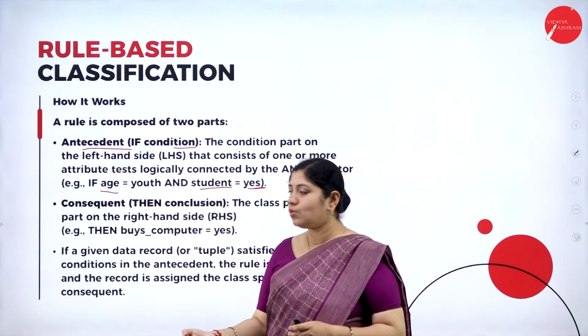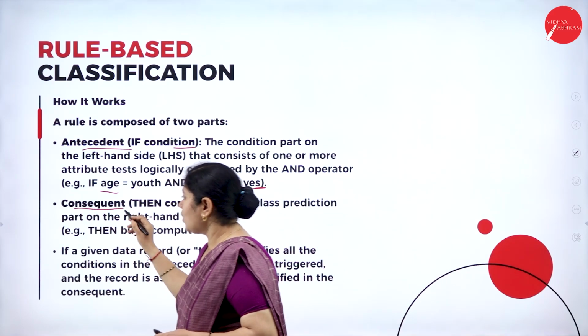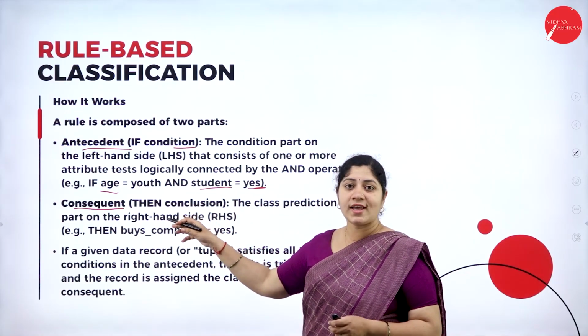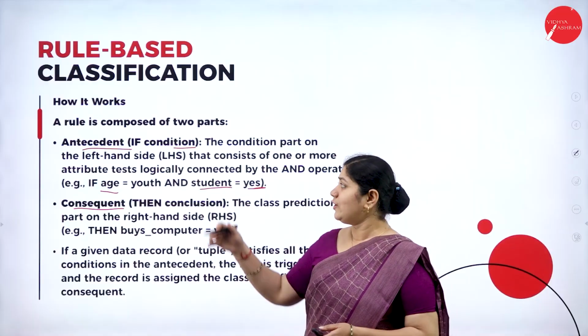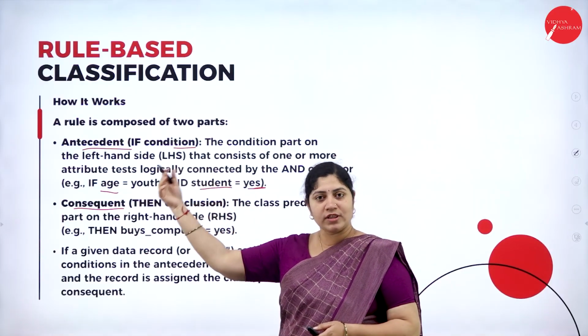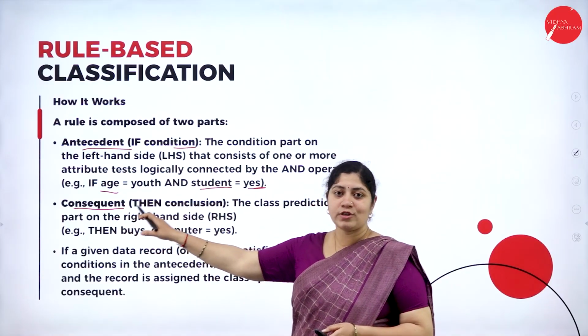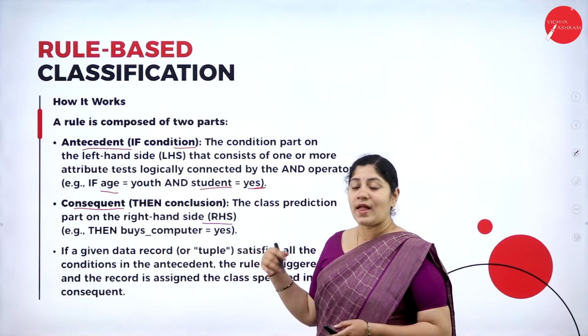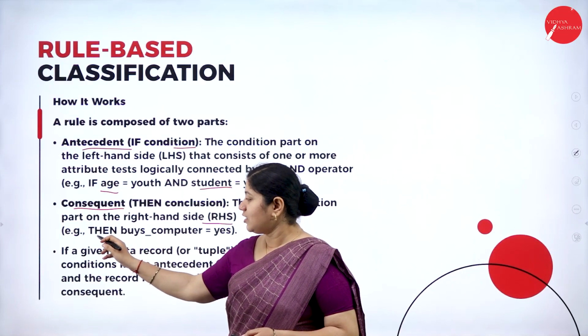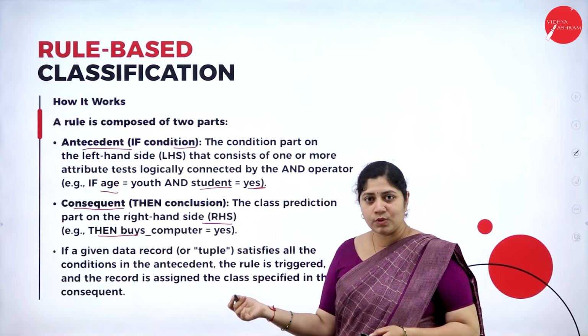The next rule is none other than the consequent, which utilizes then in order to provide a conclusion. Just as the antecedent works with the LHS, the consequent works with the RHS, that is the right-hand side part. An example is then buys computer.